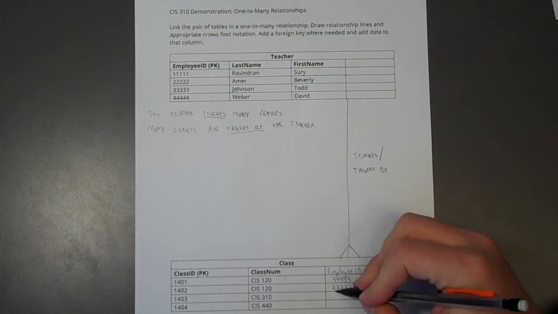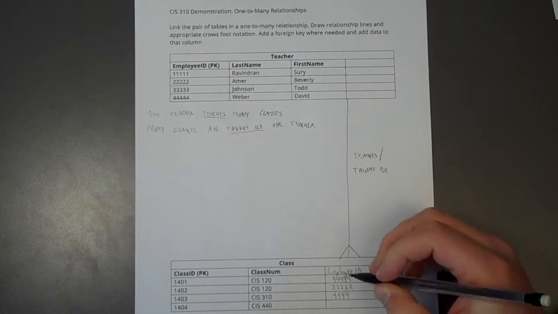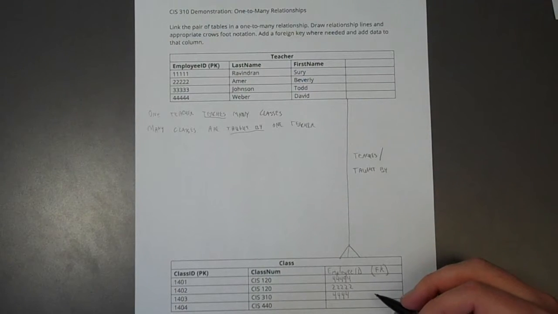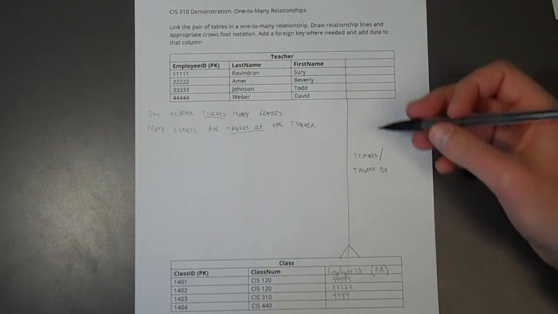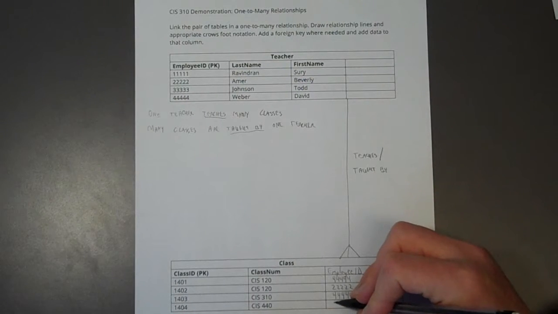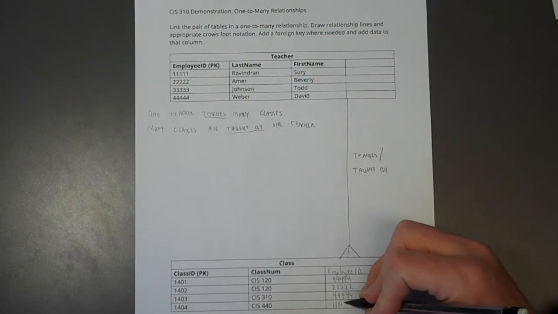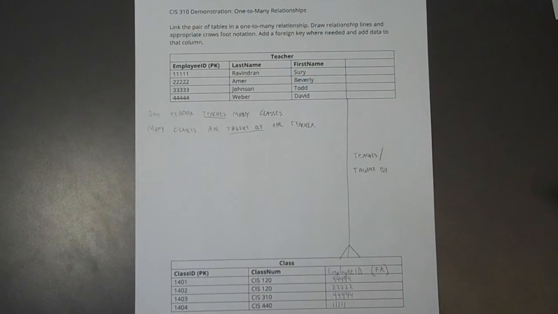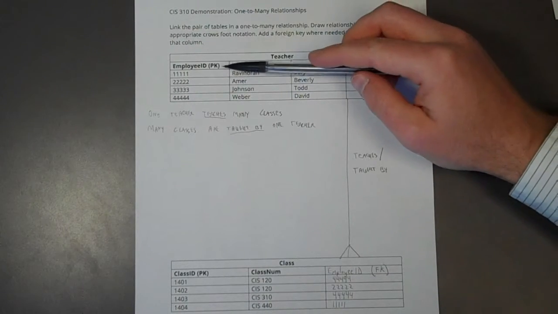Next, CIS 310, I also teach that course, so we'll put my ID here. And then CIS 440 is taught by Dr. Ravindran, and so we can put his ID down here.